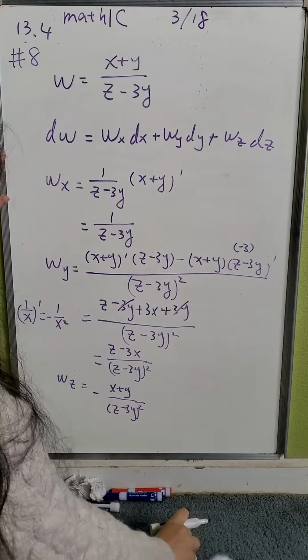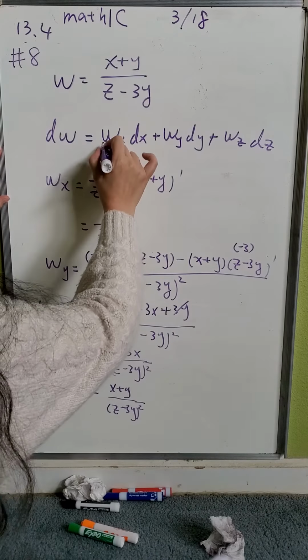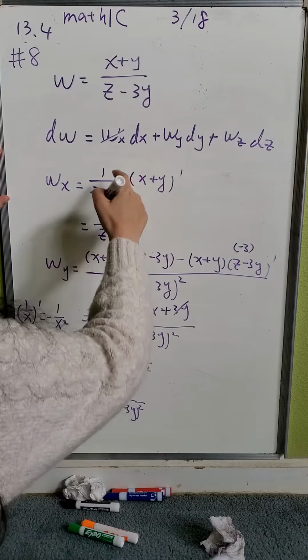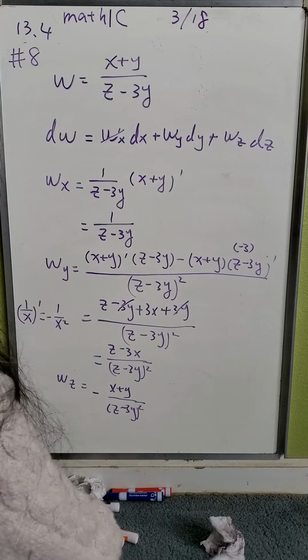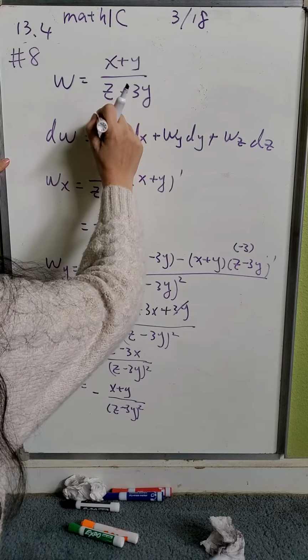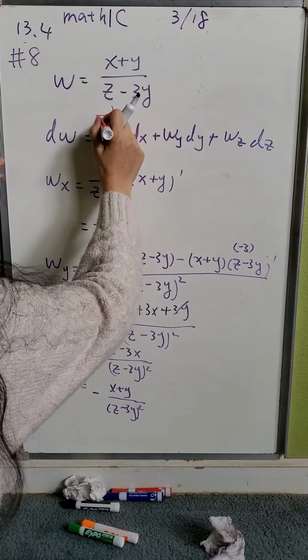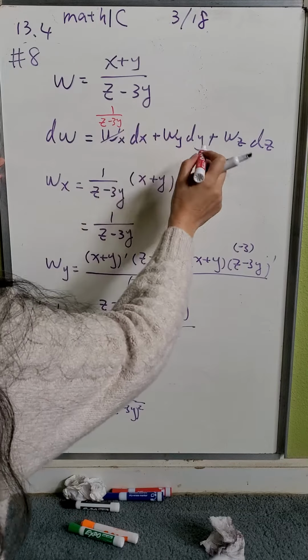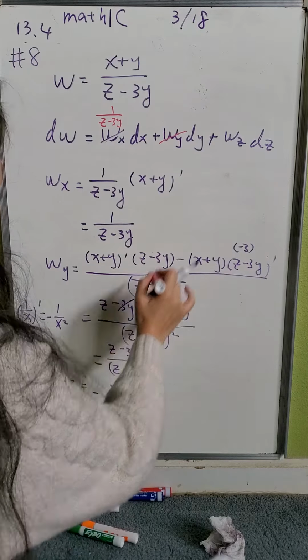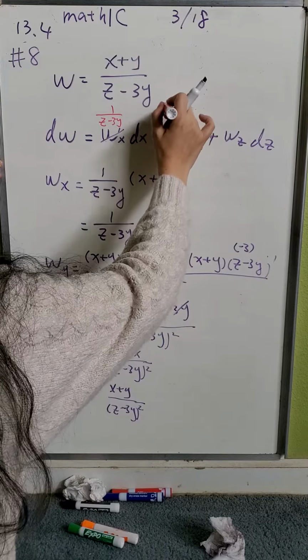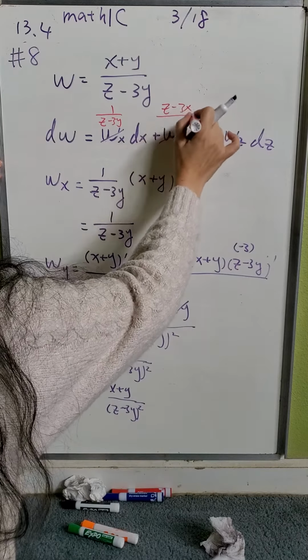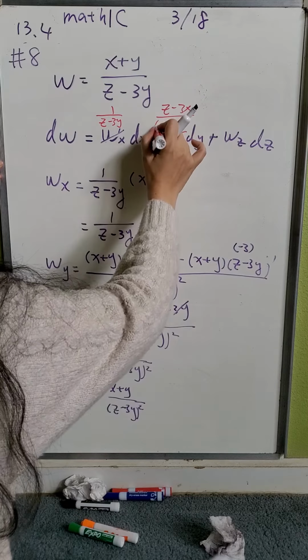I don't have enough room, so I just put in, this becomes 1 minus (z minus 3y), okay? I just replace. wy equals (z minus 3x) over (z minus 3y) squared.